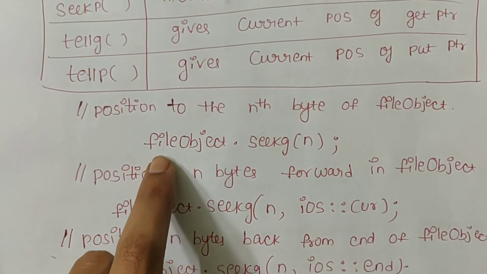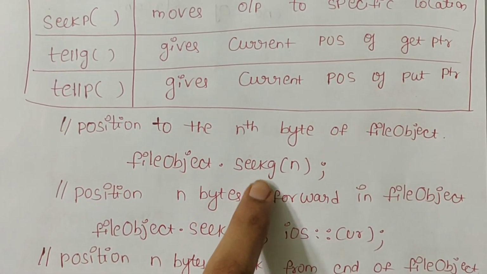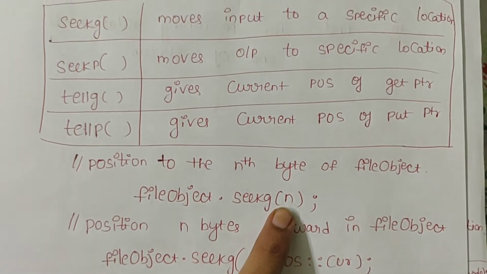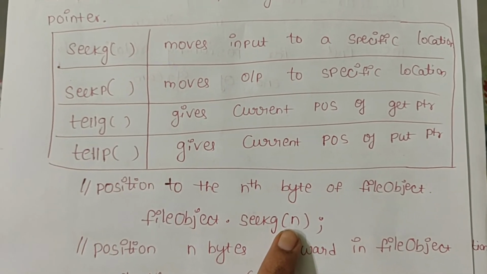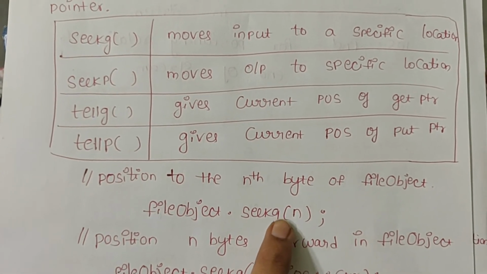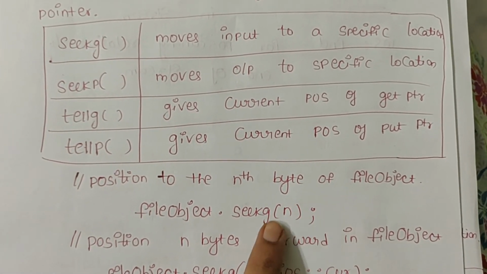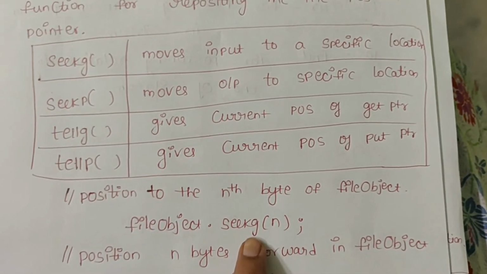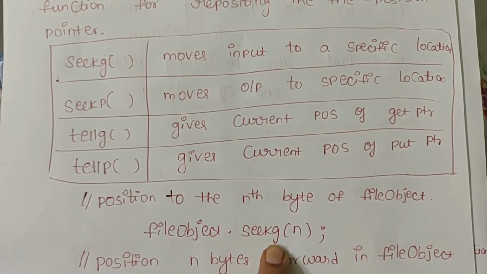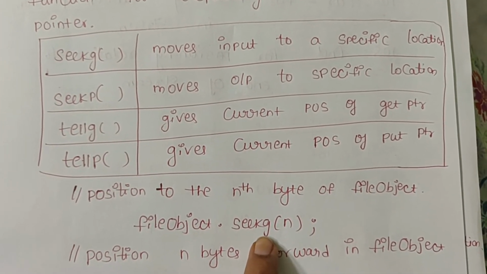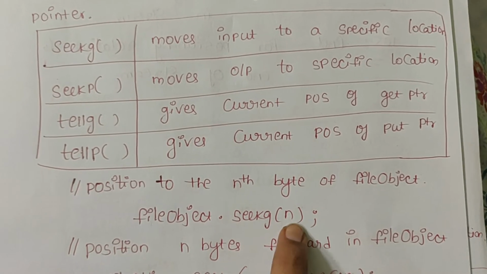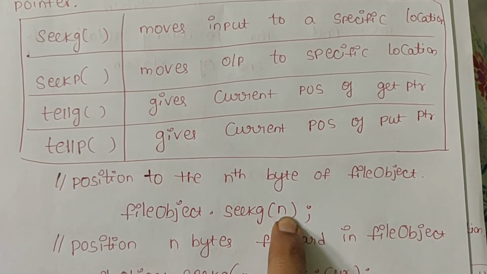It is taken from the class, file object dot seekg of n. That means from the starting, what seekg will do is move the input to a specific location, from the beginning, to the nth byte of the file object.